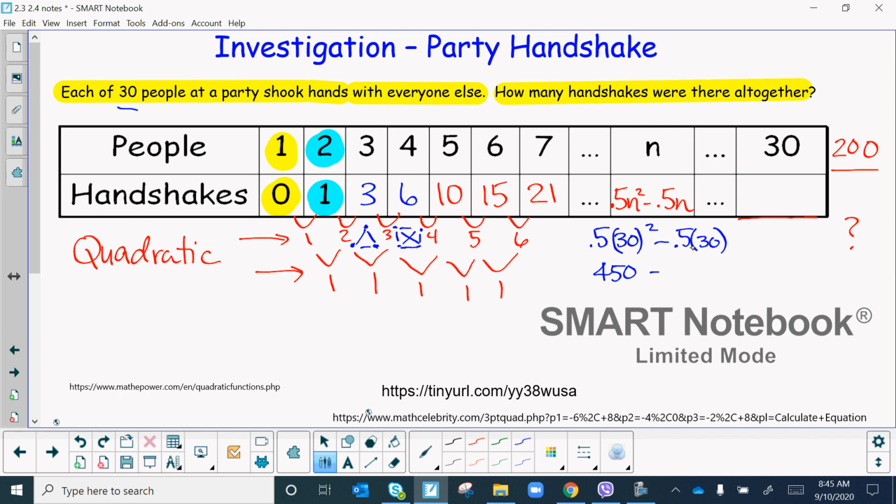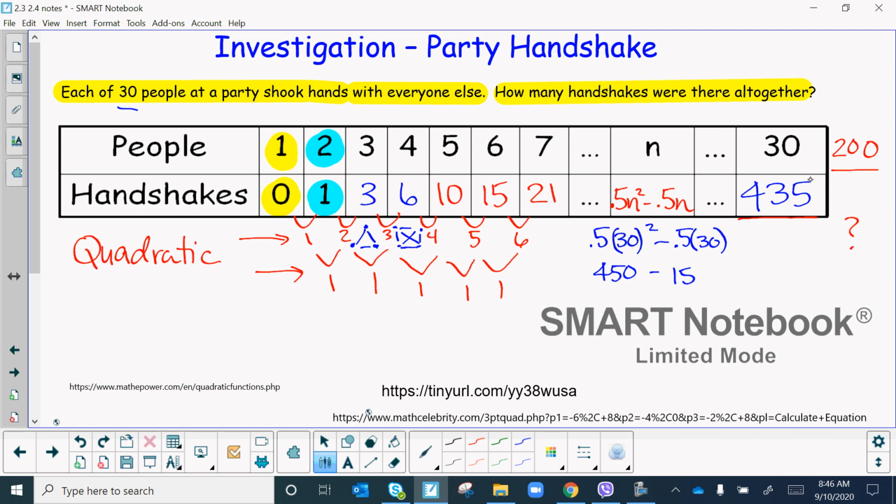Minus 0.5 times 30, we're minusing 15, because half of 30 is 15. So 450 minus 15 is 435, right? So 435 handshakes would go on at a party of 30 people.